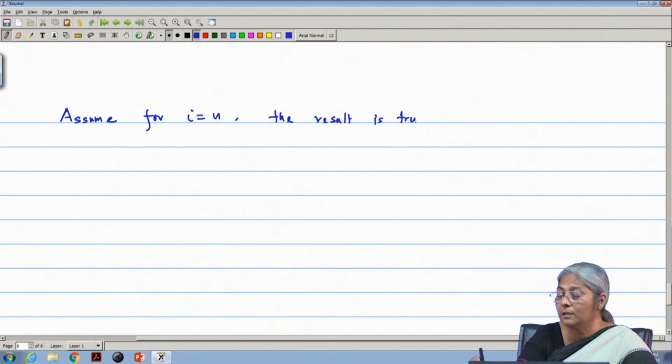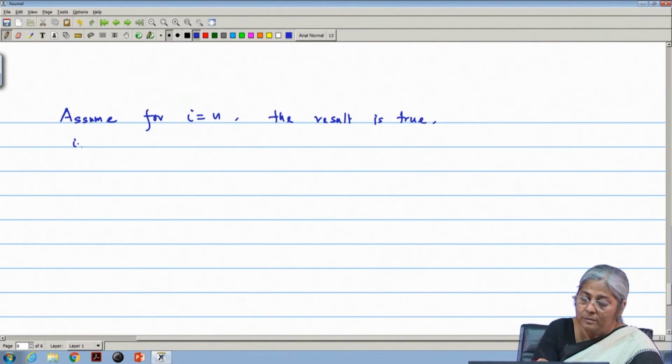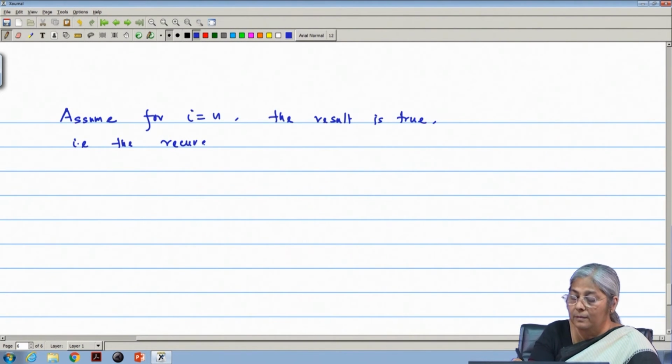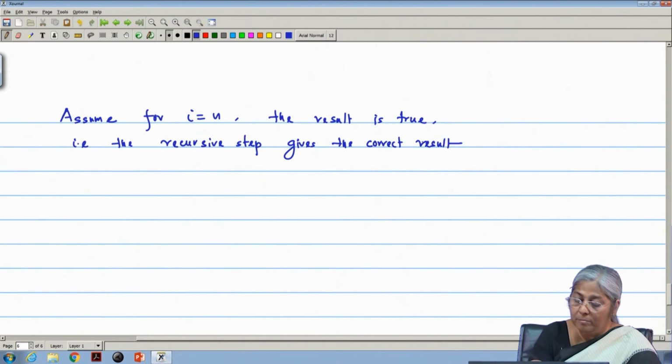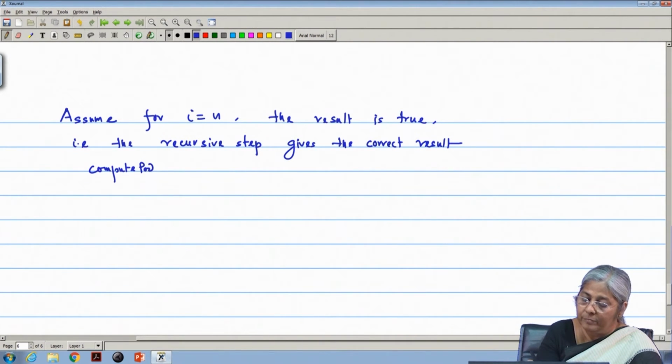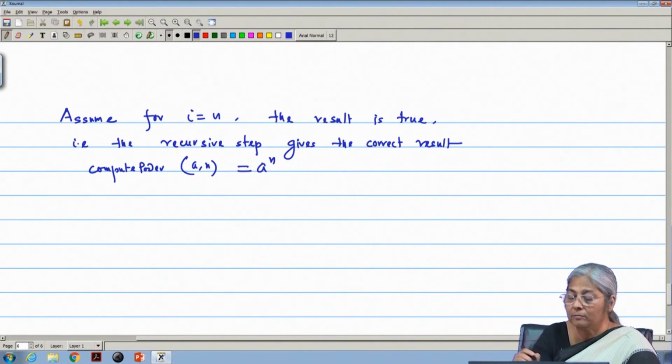That means the recursive step gives the correct result. That means my compute power(a, n) gives a to the power n. This is my correct result.